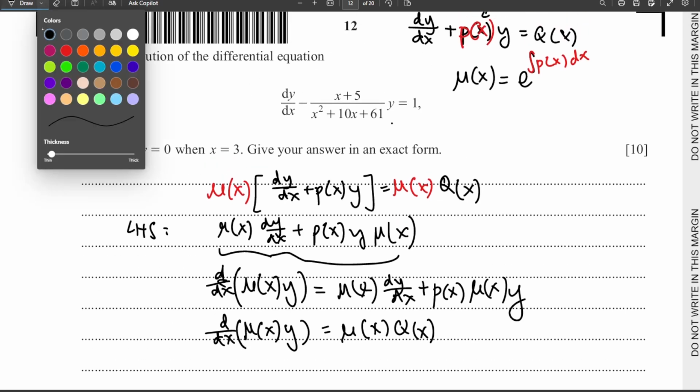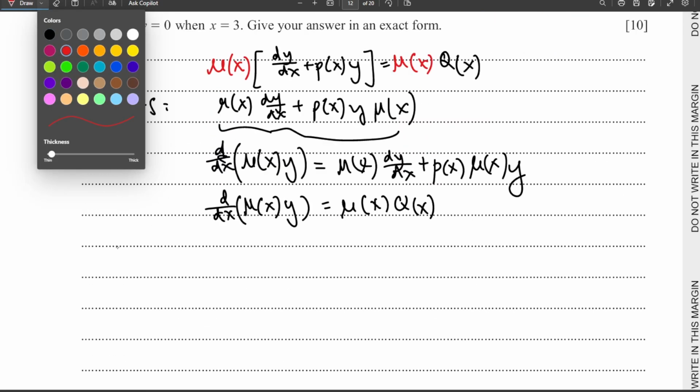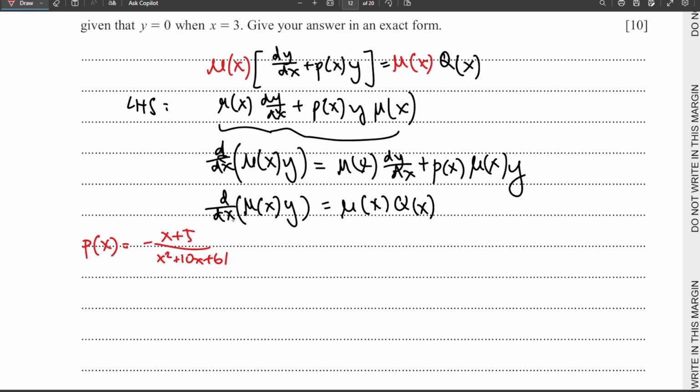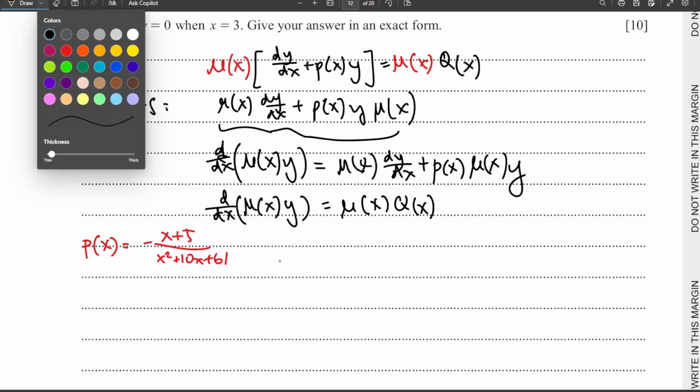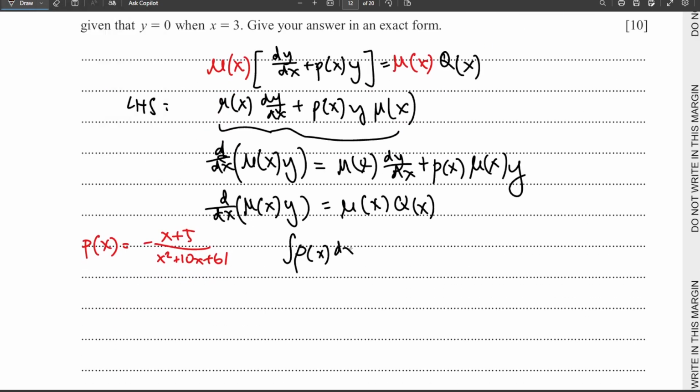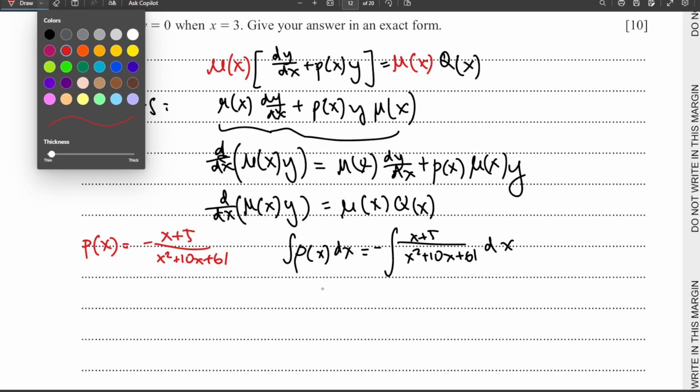Our p(x) in this case we already know, and so we want to take the integral of p(x). If you've done your practice of integrals, it looks like something where you have a derivative of the function on top and the original function on the bottom. So we'll go ahead and use a u substitution.